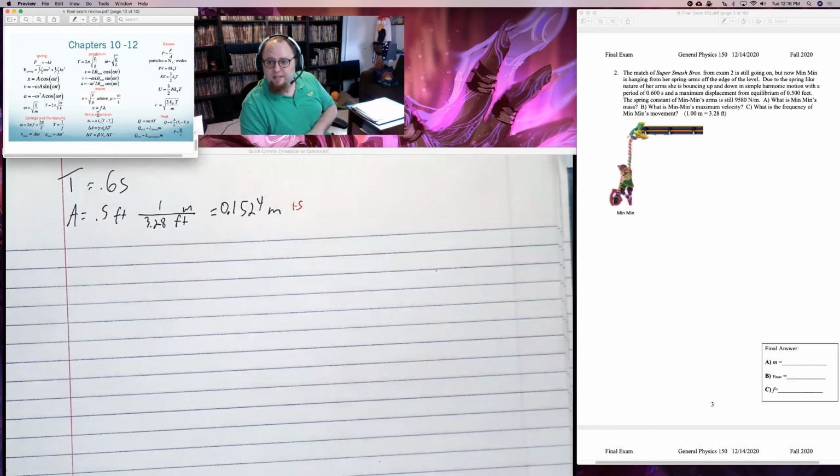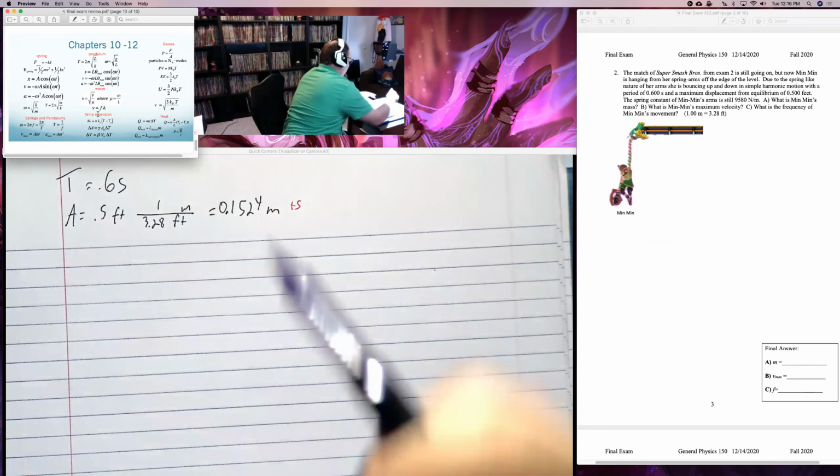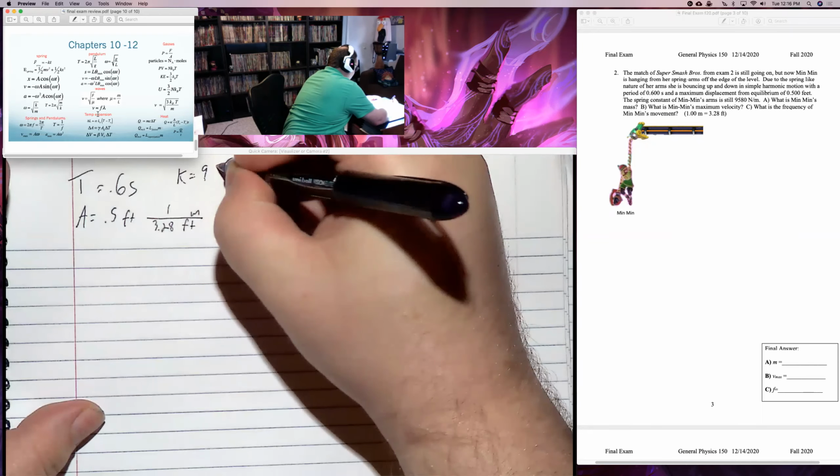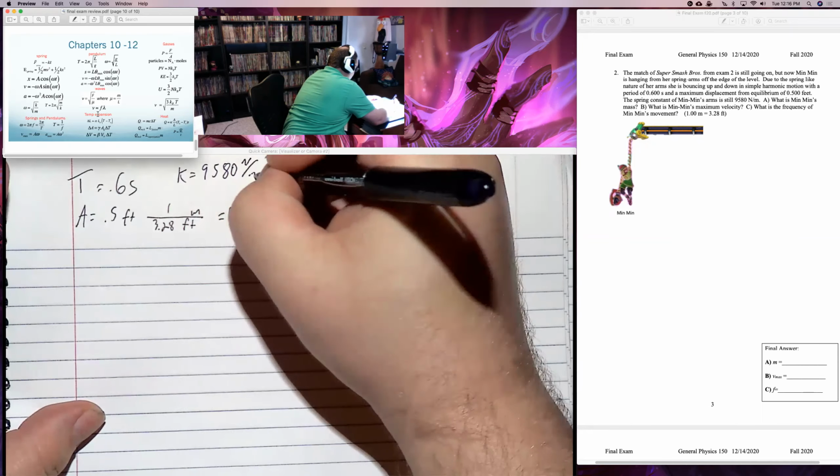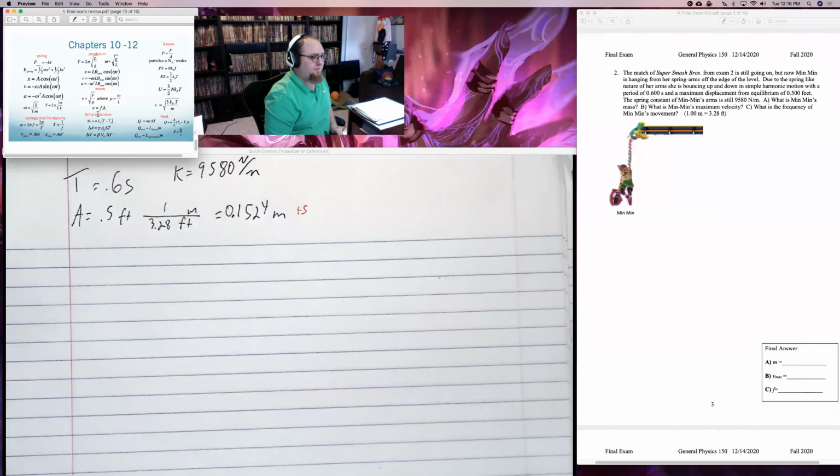And I say the spring constant of Min Min's arm is 9580. What is her mass? Huh.